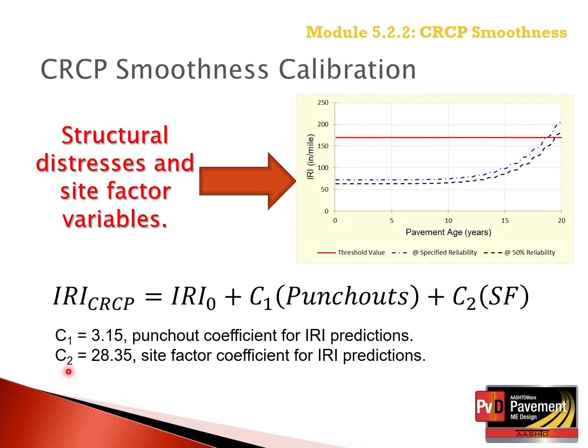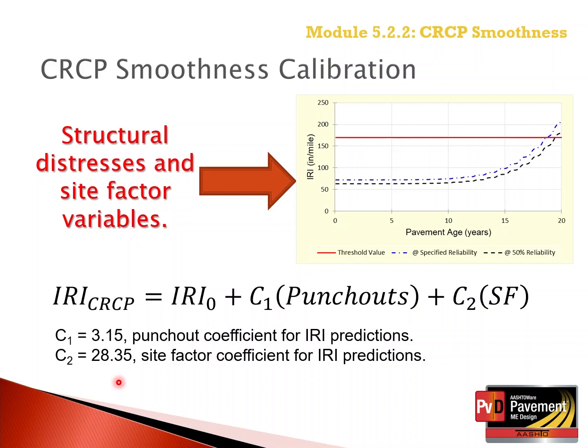This slide summarizes the coefficients resulting from the regression equation for predicting IRI throughout the design period. These calibrations and coefficients include, as defined on the previous slide, C1 for the number of punch-outs, which is 3.15, and C2 for the site factor, which is 28.35.